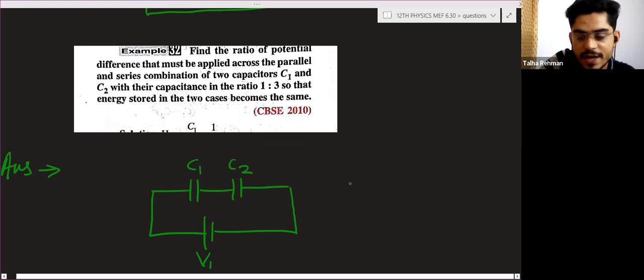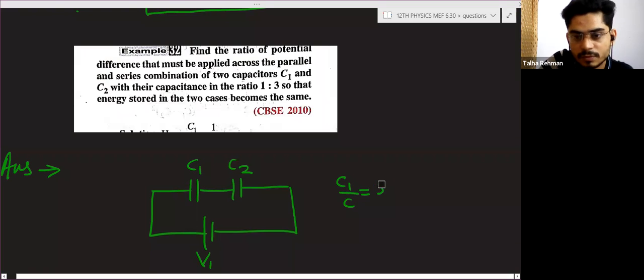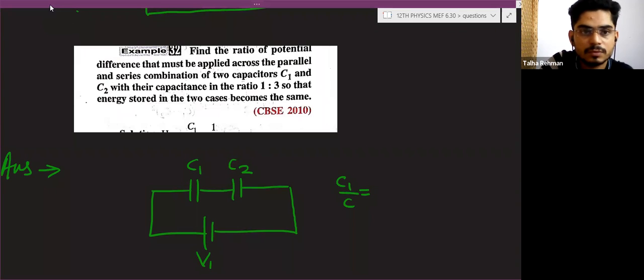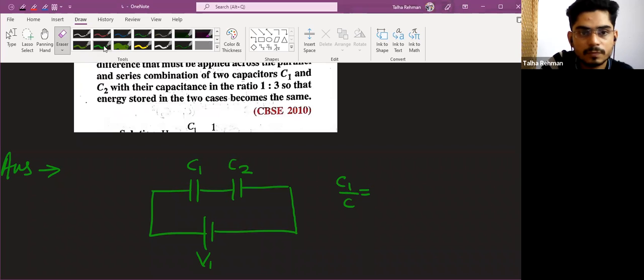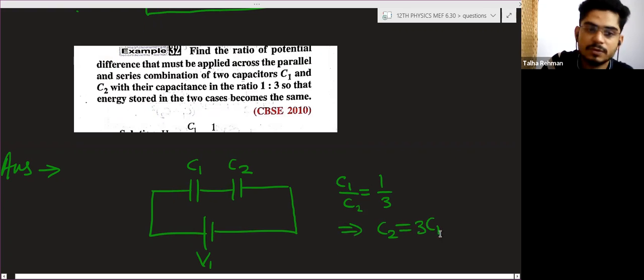In this question, the ratio of C1 and C2 is 1:3. This will be 1 divided by 3. So from here I can calculate C2 is equal to 3 times C1.